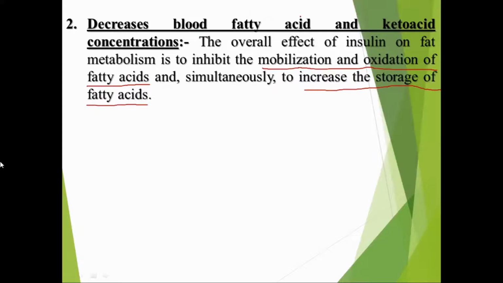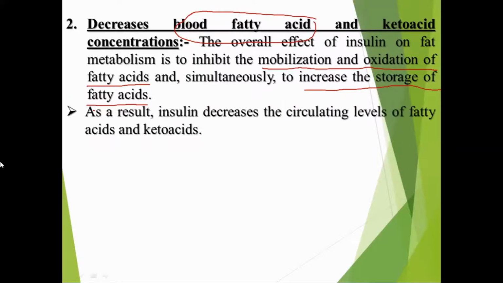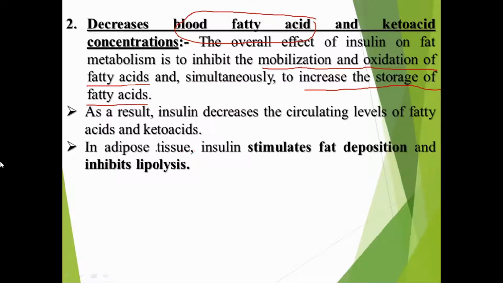As a result, the blood fatty acid will decrease, because they are being stored, the cells acting as a reservoir, and insulin decreases the circulating level of fatty acids and keto acids. Then in adipose tissue, insulin stimulates fat deposition and inhibits lipolysis.